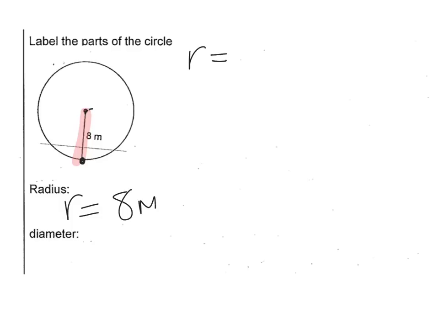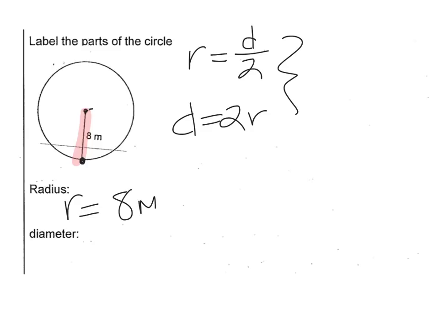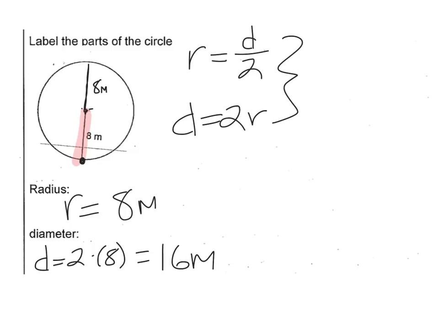Keeping in mind the radius is the diameter divided by 2, or diameter is 2 times the radius, you can find diameter is 2 times 8. So my diameter is 16 meters. If I was going to go the whole way across, I would add another little radius of 8 meters, making the whole thing 16.